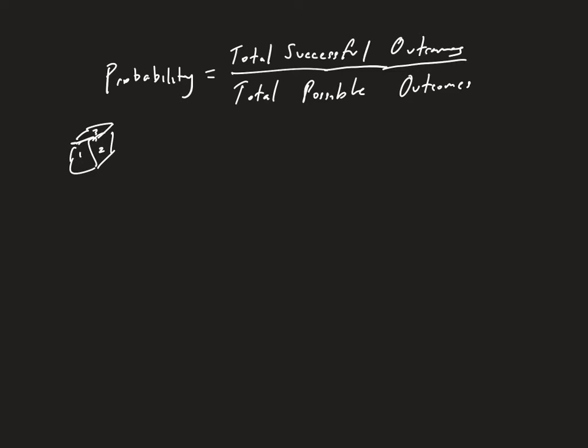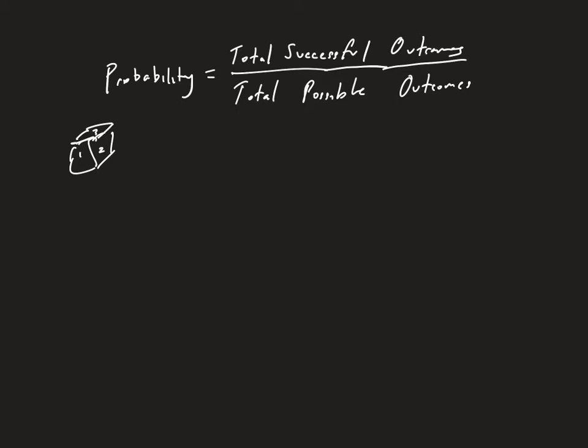What is the probability that the sum of the numbers rolled is 2? I'll say it again. What is the probability that if we roll 2 dice, the sum of the numbers, so let's say we roll a dice and we get a 3, and on another one we get a 2. Well, the sum of that is 5, but what is the probability that we roll and we get a 2?